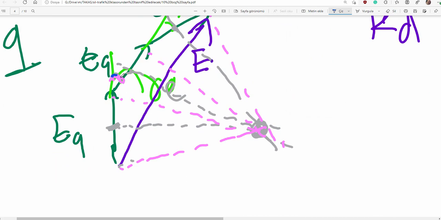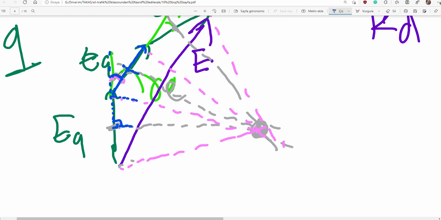That is the angle. If you draw a perpendicular line, this line is perpendicular to this green one, and this line is perpendicular to this one.